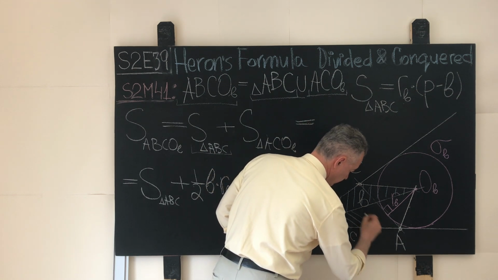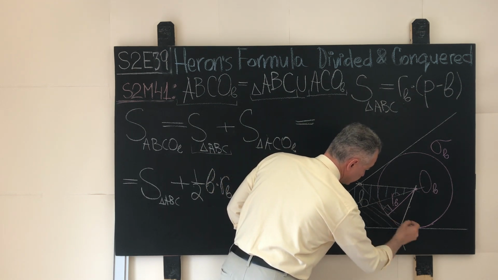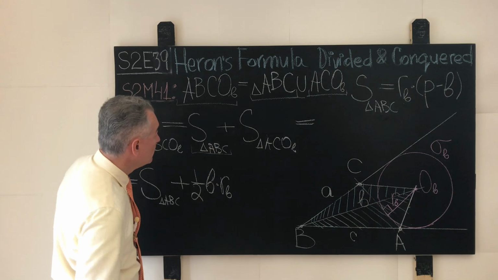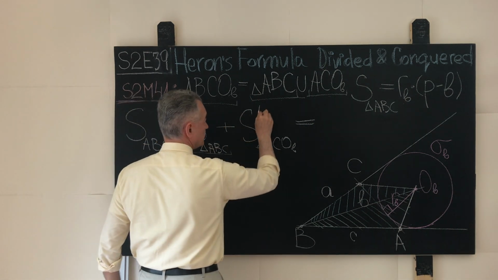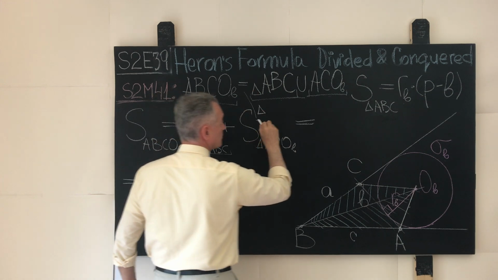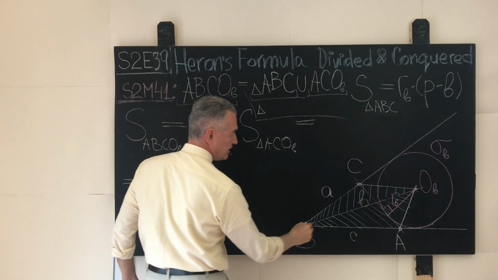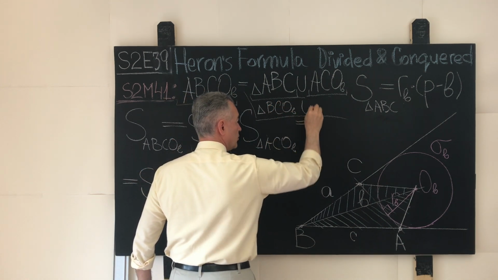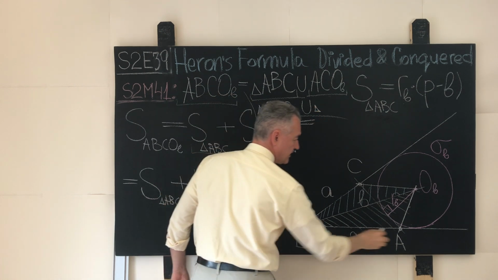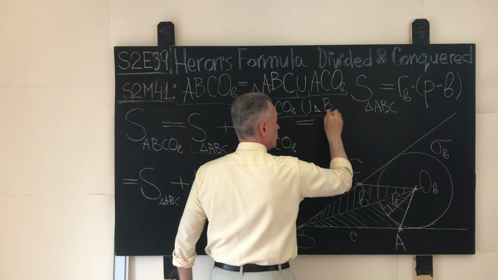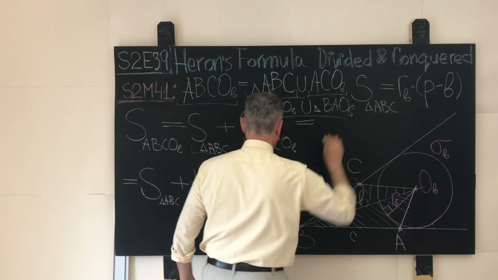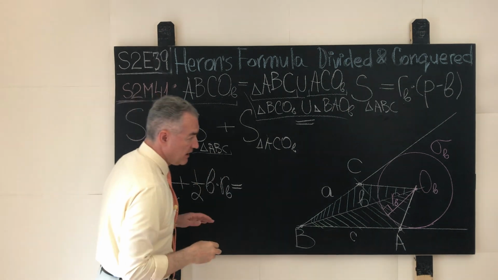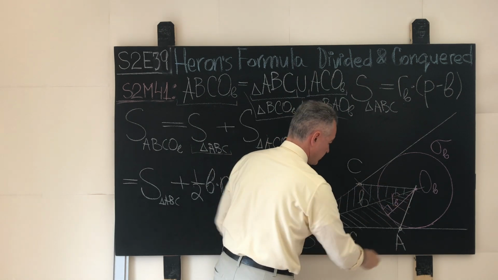In other words, we write it as the union of the triangle BCOB with the triangle BAOB.